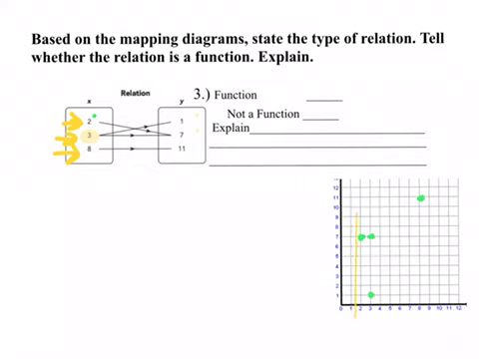Okay, so here we go. It passes here, but nope, it hits there. It hits the line twice, so it does not pass the vertical line test right here. So this is not a function. Okay, so I'm checking not a function, and then my explanation could be something like this. It's not a function because the input of 3 has 2 outputs.